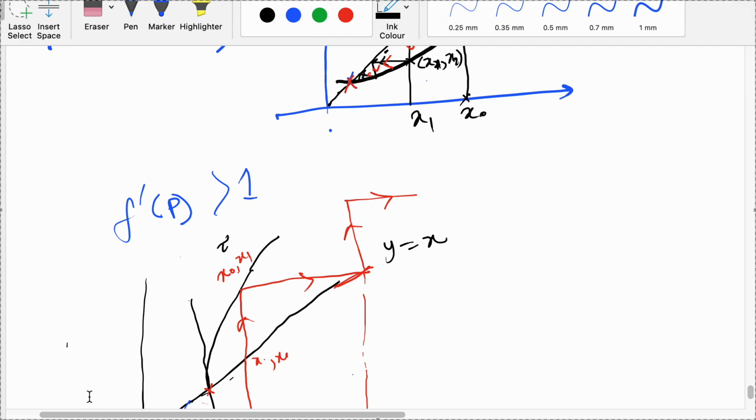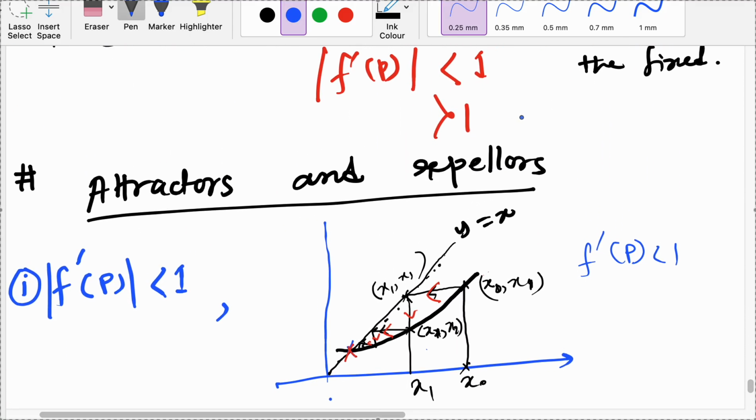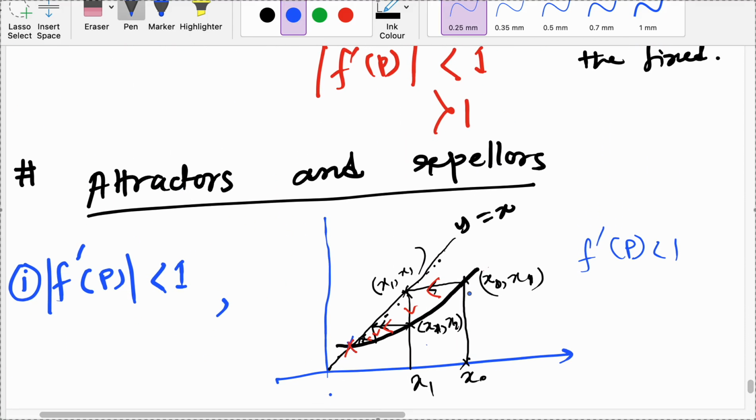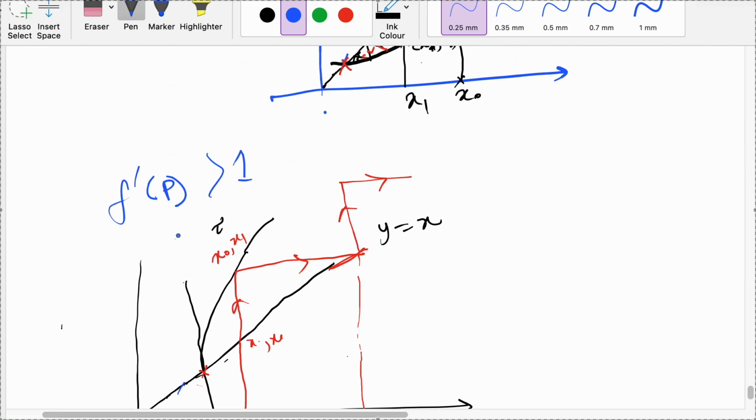So by using the cobweb diagram we can also see that if f prime p is less than 1, then the initial condition comes towards this fixed point, and if f prime p is greater than 1, the initial condition goes away from this fixed point.